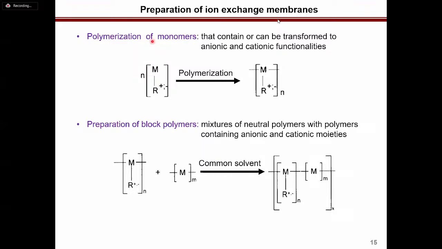That's based on the preparation of block polymers, which constitute the backbone of the ion exchange membrane groups. So these are the two common ways to prepare your ion exchange membranes: either from a base material containing functional groups and the backbone together and polymerize, or you have the backbone and the functional group separate, put them in a certain chemical condition and then form the ion exchange membrane.